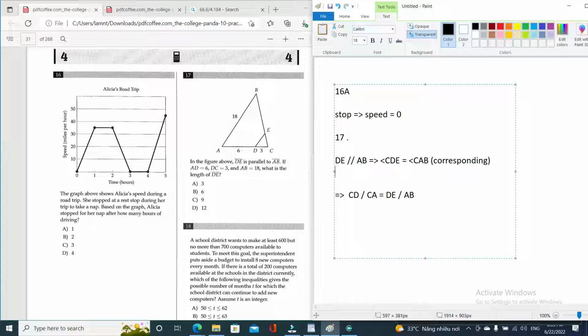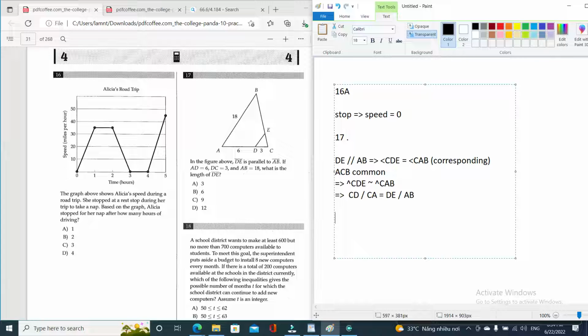The second fact is that triangle CDE, where triangle is denoted by this symbol, is similar to triangle CAB, because we have the first angle here and we have the angle ACB common. So triangle CDE is similar to triangle CAB. So CD over CA is equal to DE over AB.